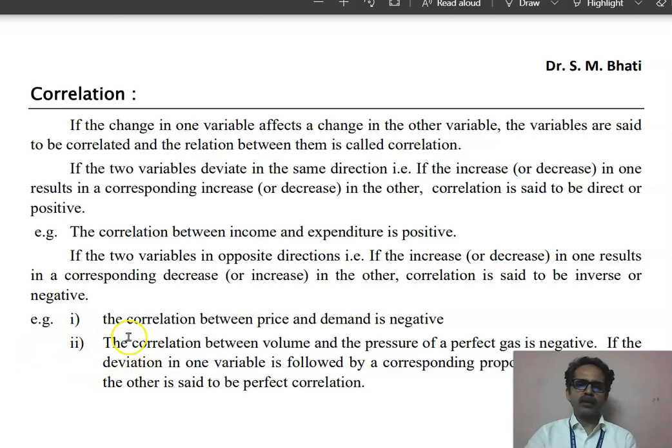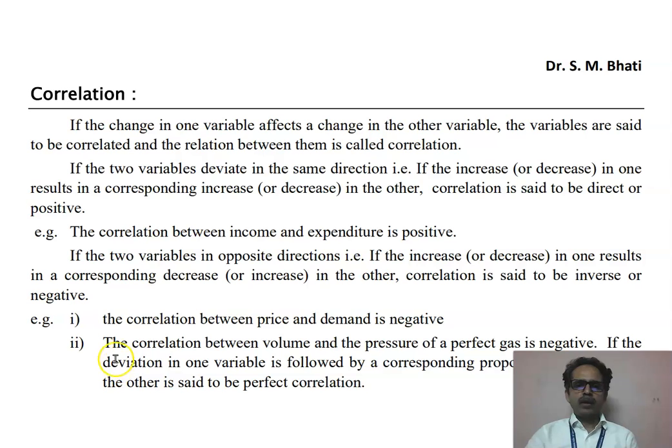For example, correlation between price and demand is negative. The correlation between volume and the pressure of a fluid is negative. If deviation in one variable is followed by a corresponding proportional deviation in the other, it is said to be a perfect correlation.